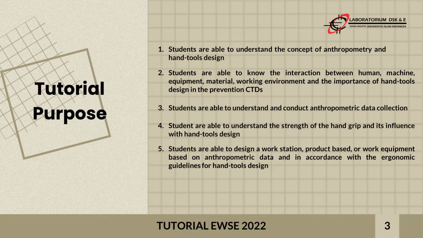Third, practicants are able to understand and perform anthropometric data retrieval. Fourth, practicants are able to understand the power of hand grip and its influence on hand tools design. And the last one, practicants are able to design workstation design, product design, or work environment based on anthropometric data in accordance with the ergonomic guideline for hand tools design.